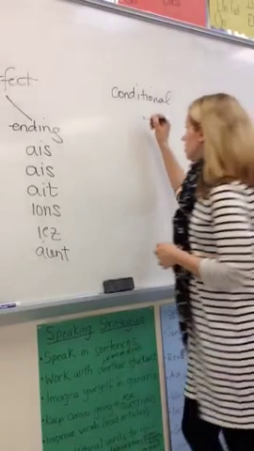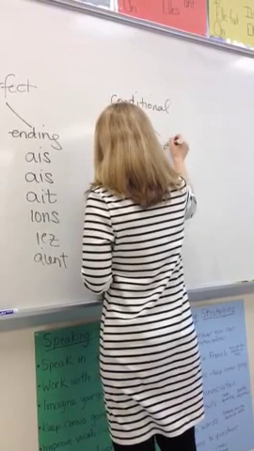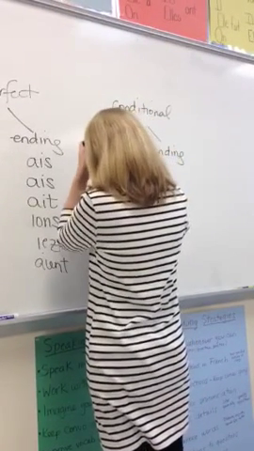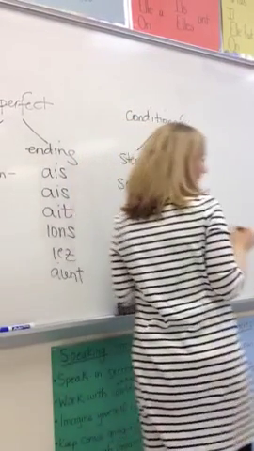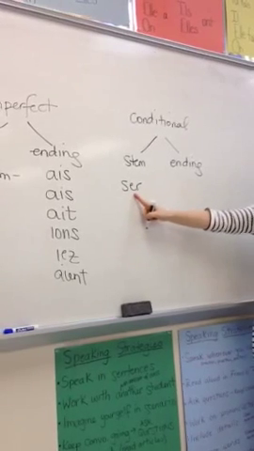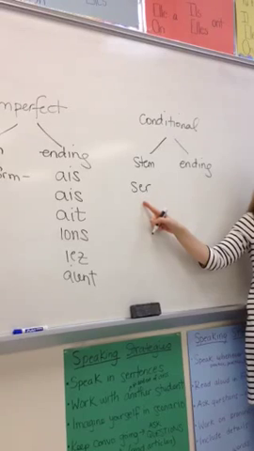The conditional also is a stem plus an ending. Conditional stems are either going to be something like ser, which is the future and conditional stem of être. Remember, they always end in r.